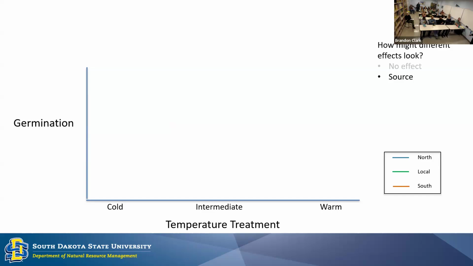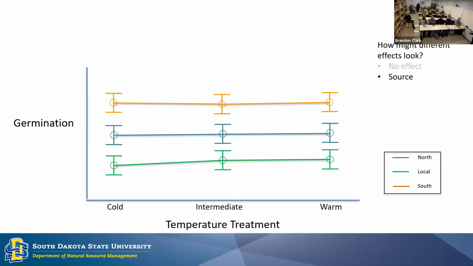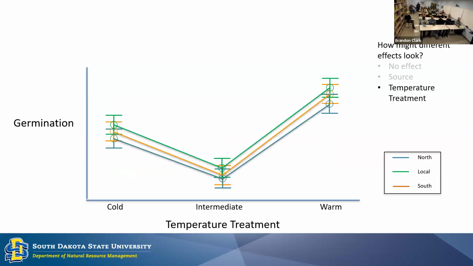If we saw differences in the main effect of source, that would look something like those three lines of sources, which separate from each other and differentiate, with some being higher than others. For temperature treatment, we would expect to see shifts along the treatments, but the sources would still be responding in a similar, parallel fashion.